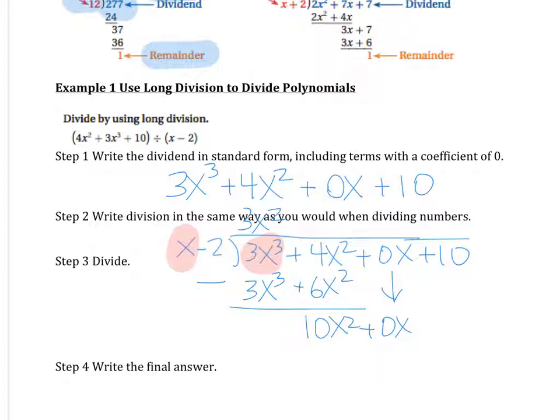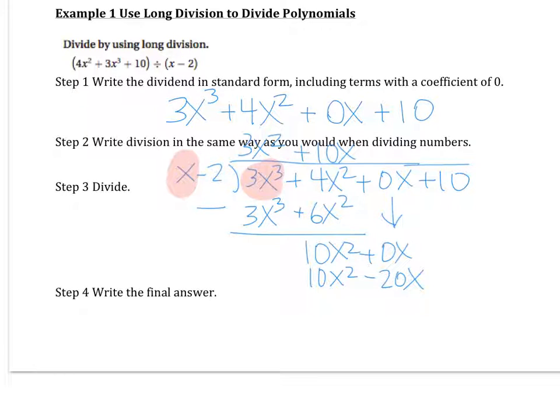So I need 10x squared, so it's plus 10x. Subtract turns this to a plus. Now I need 20x.